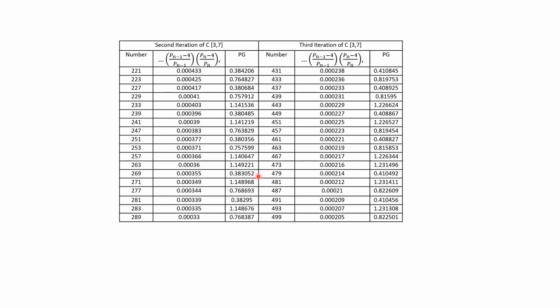So the decrease is smaller. And if we go here, it is still smaller. So let's check the next slide so we see the rest of the iterations.